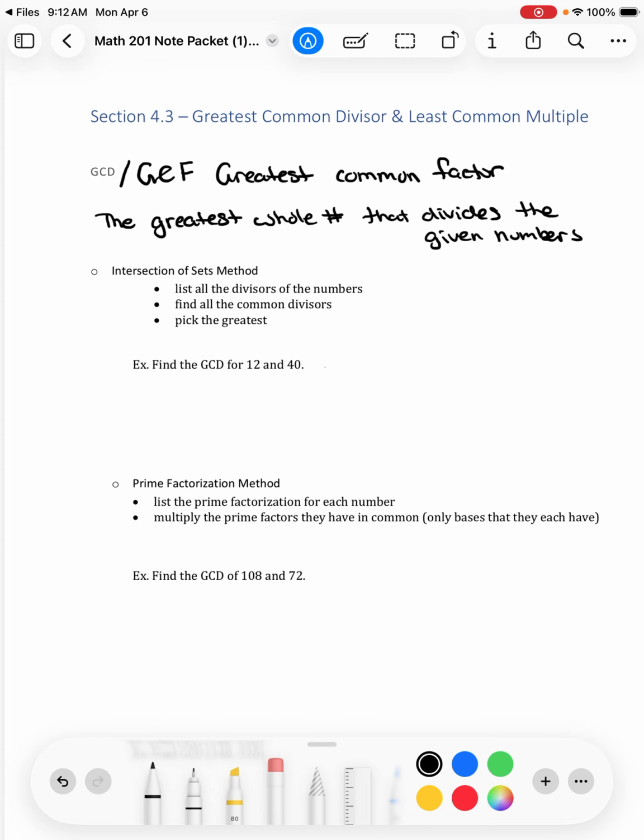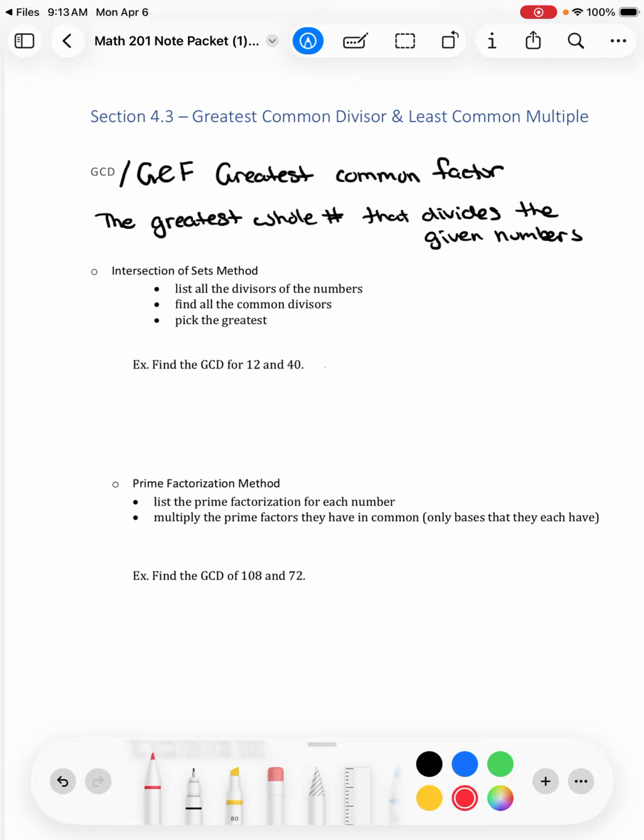There are several different methods to find these. We're going to go over 2 different methods, but there are others that are available. One thing that gets people is just the wording. This is called the greatest common divisor or greatest common factor. So we see greatest is the first word that pops in, but our answer should always be smaller.